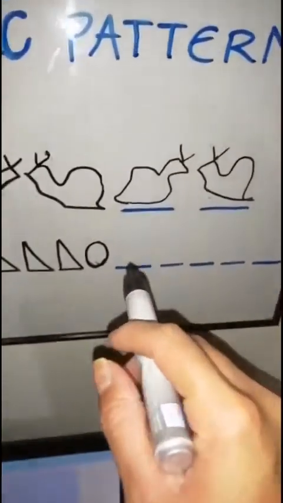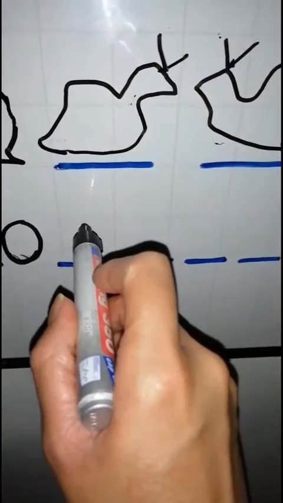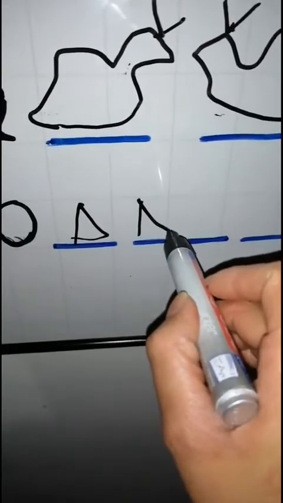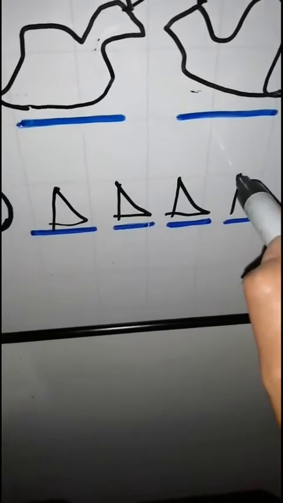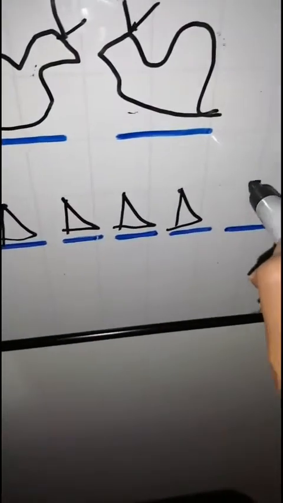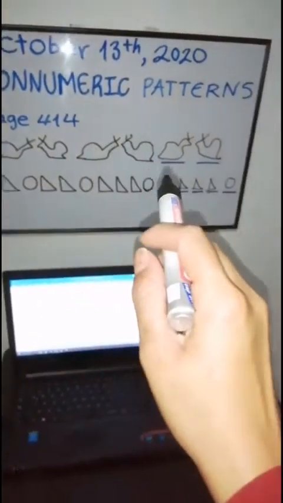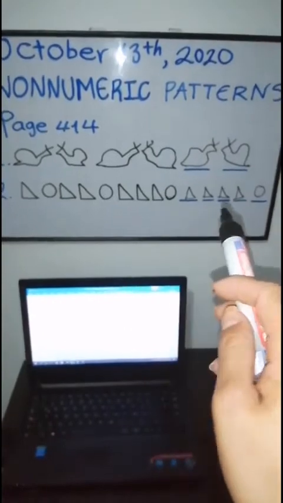So, in this way, we have 4 triangles. Triangle number 1, triangle number 2, triangle number 3, triangle number 4, and 1 circle. So, the first one is an extended pattern, and the second one is a growing pattern.